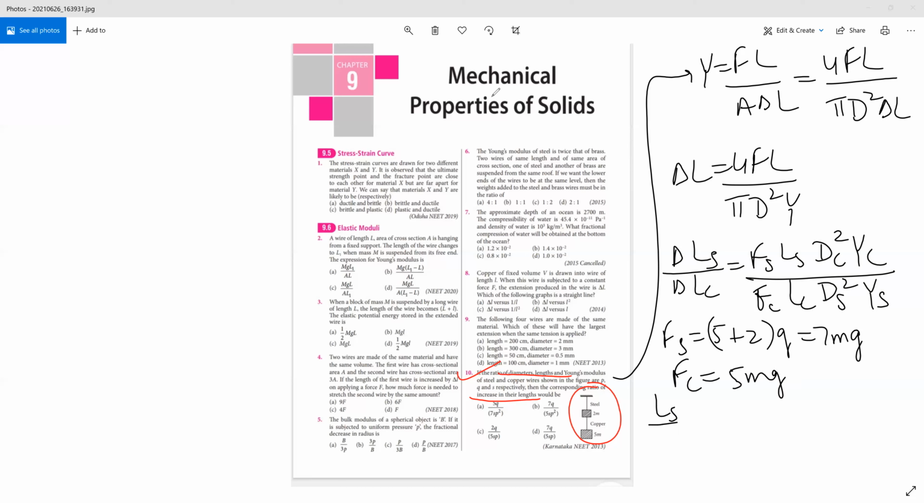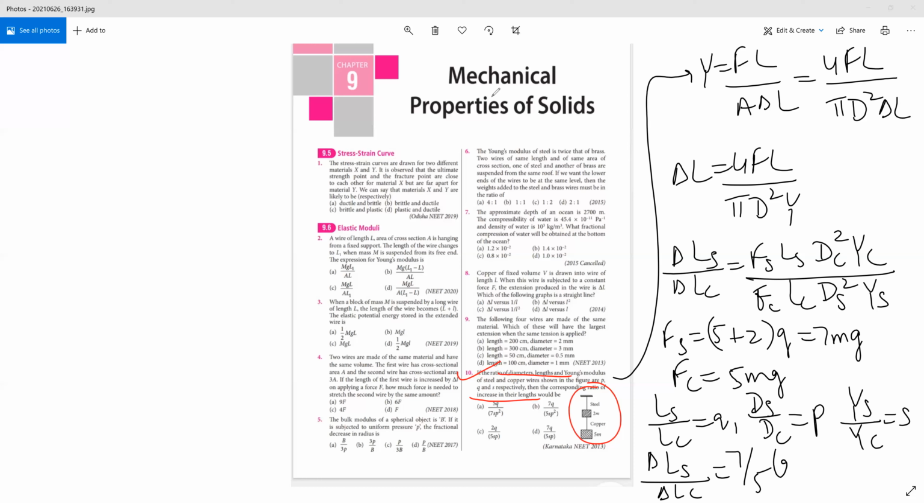Therefore, Ls divided by Lc is equal to Q. ds divided by dc is equal to P. Ys divided by Yc is equal to S. Therefore, delta Ls divided by delta Lc is equal to 7 by 5 into Q, 1 by P whole square into 1 by S. After simplification, we are getting 7Q divided by 5P square into S. So for 10th one, Bth one is the right answer.